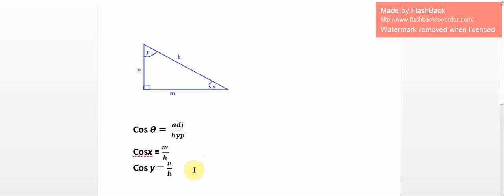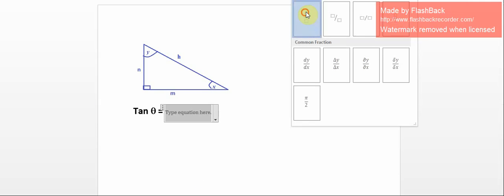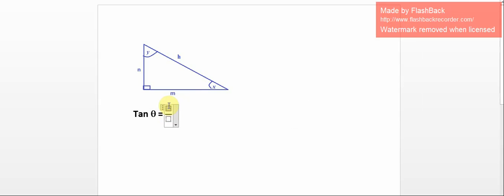We shall now go to tan. The formula for tan theta is always equal to the opposite side over the adjacent side. Hope you are writing them down. The opposite side over the adjacent side.